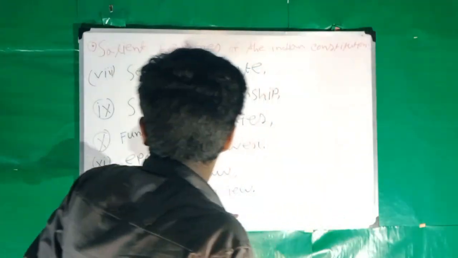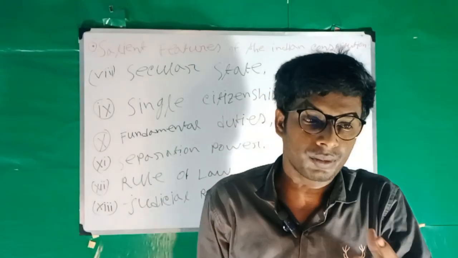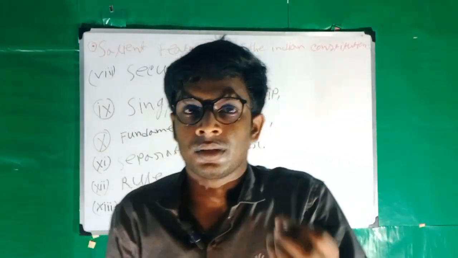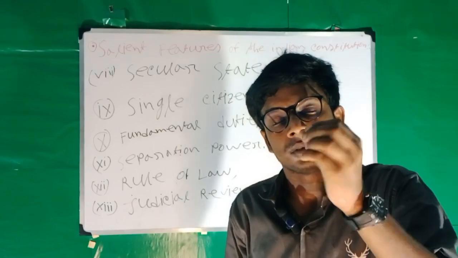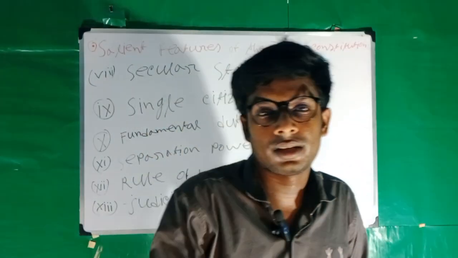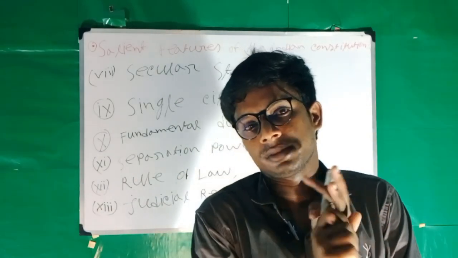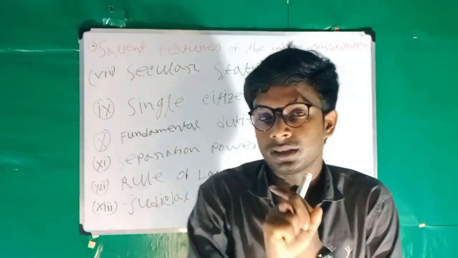Point number 11 is the separation of power. Separation of power is very important in our Indian Constitution. Our Constitution has three organs: the legislature, the executive, and the judiciary.